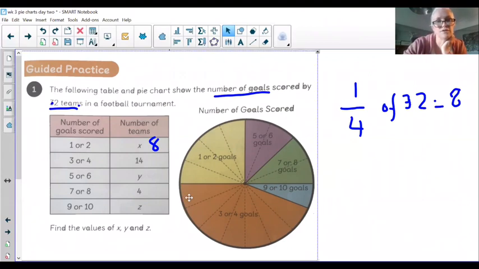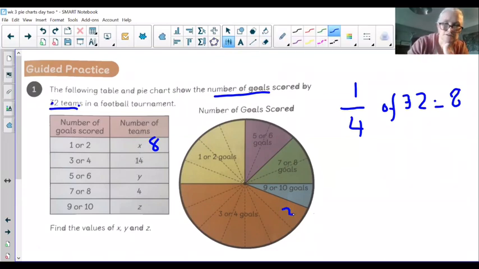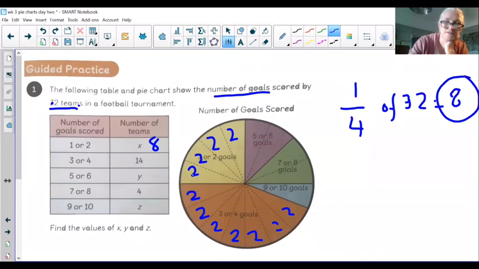So I've got 1, 2, 3, 4, 5, 6, 7. And we know that it was 14 goals. So that means that each segment is 2. So the other way that could have worked out the 1 or 2 goals is to say that each of those is 2 as well. And that would have given me 8. 2, 4, 6, 8.